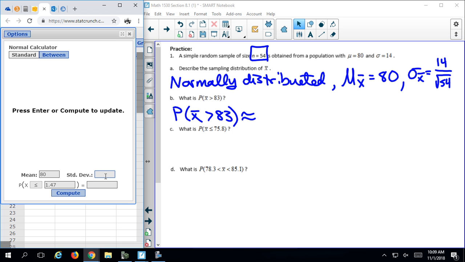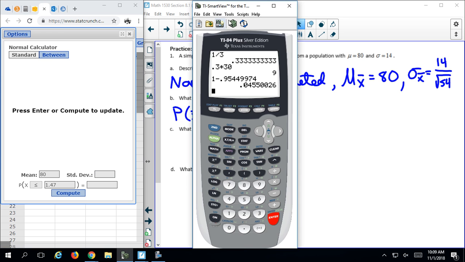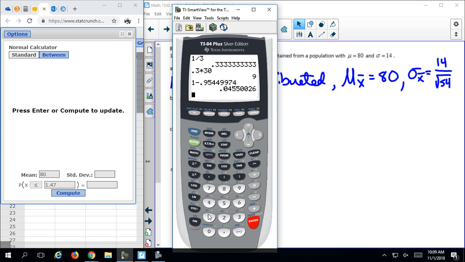So we're going to find an approximation in the calculator first. So I'm going to say, give me the decimal form of this number. So I'm going to get a decimal in my calculator, and I'm going to put that in as the standard deviation.